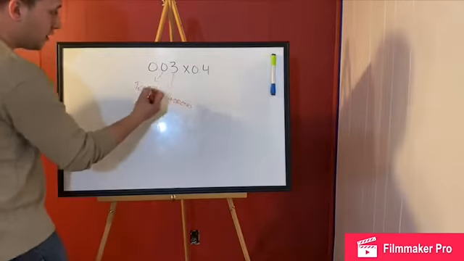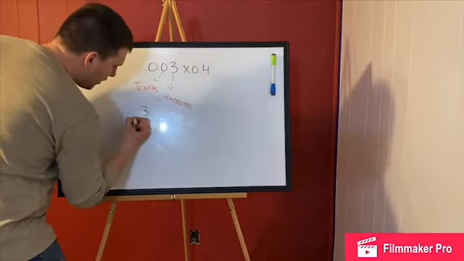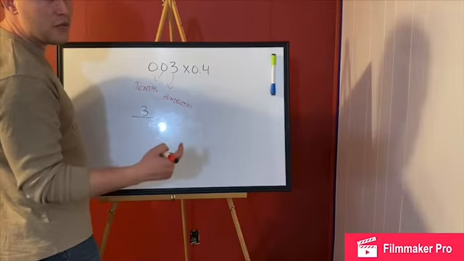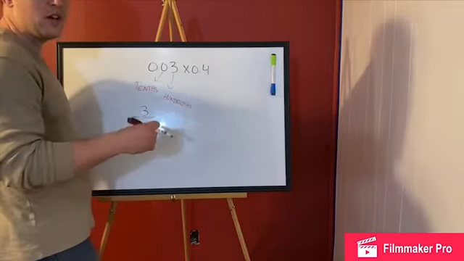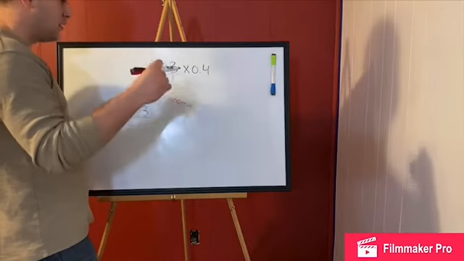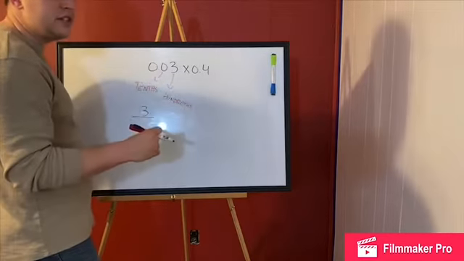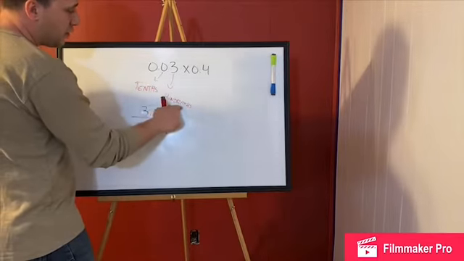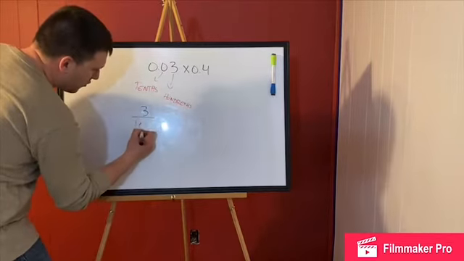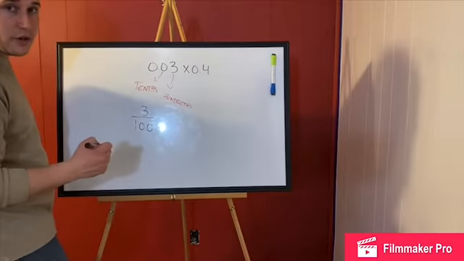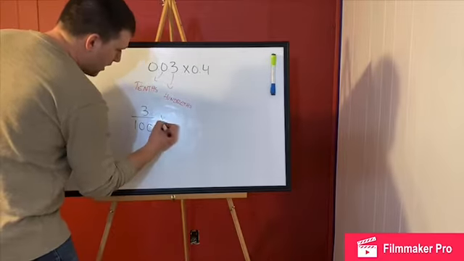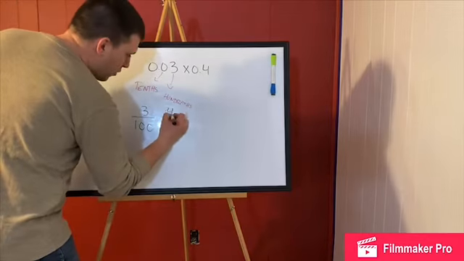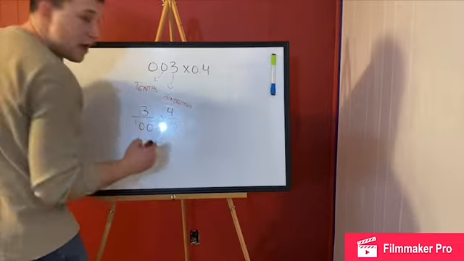We know the top number will be 3, and where it's located tells us what number will go below it, whether it's 10, 100, 1,000, and so on. So, if this is in the hundredths place, it'll be 3 over 100 times, we know this is in the tenths place, so we have 4 over 10.